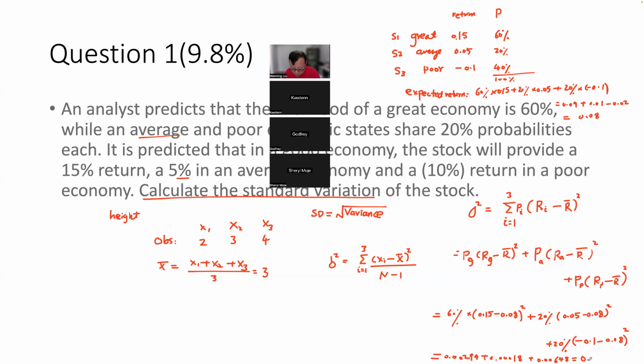So 0.0096. Are we done? What is this number? What are we calculating so far? Did we finish this question? The standard deviation is 0.0096. Yes or no?